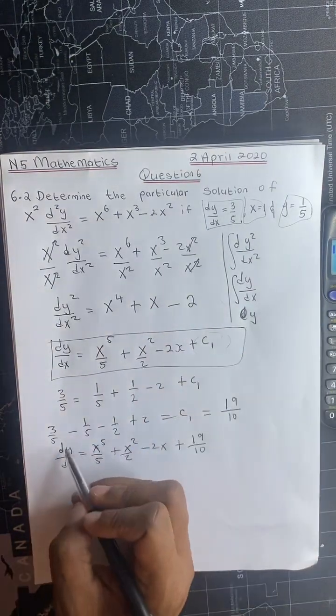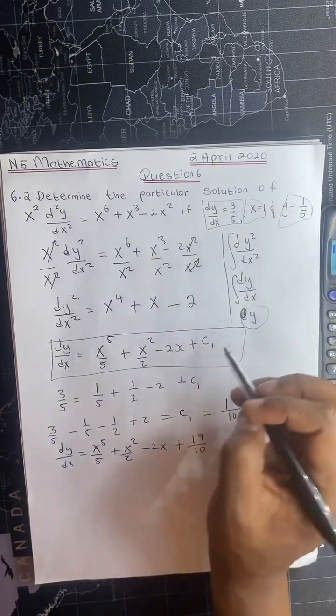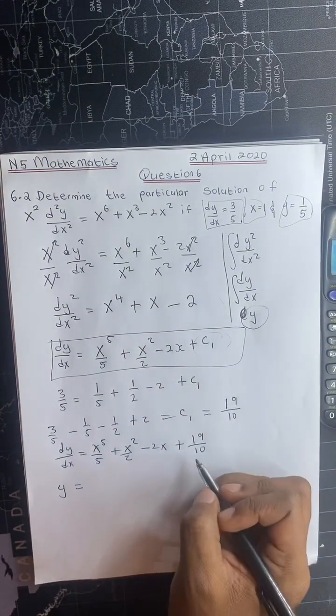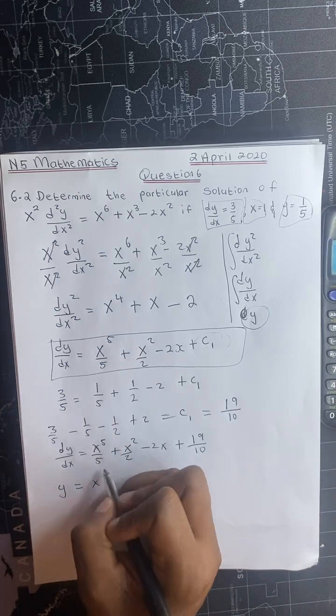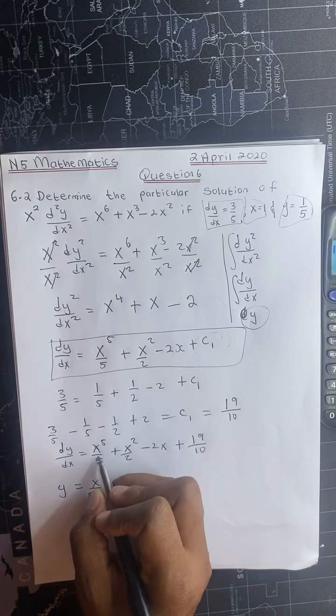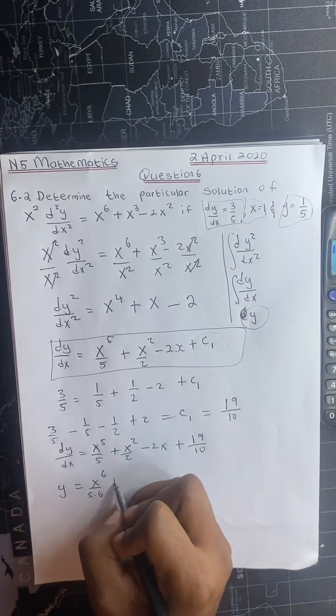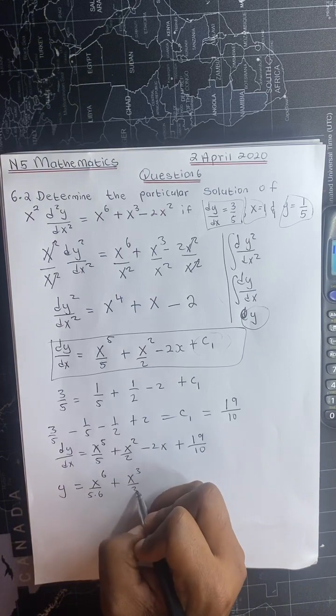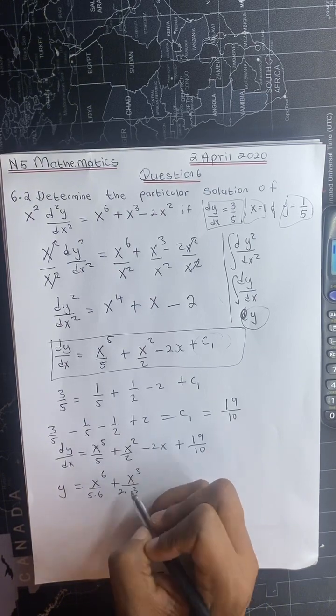When we integrate this dy over dx, we'll have y, and we cannot just integrate the left without integrating the right. So the integral of x to the power 5 is x to the power 6 over 5 times 6 plus the integral of x squared, which is x to the power 3 over 3, and our original 2.